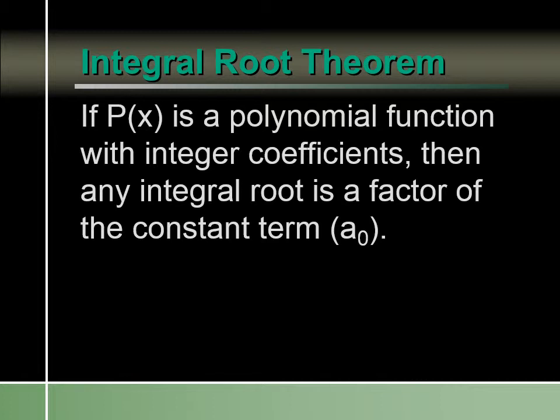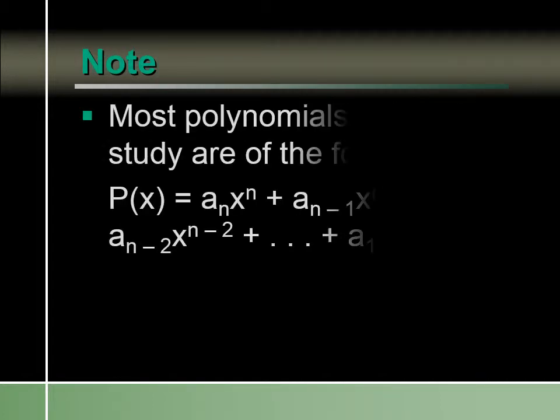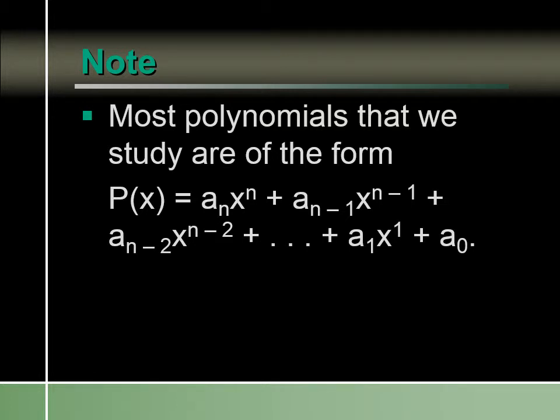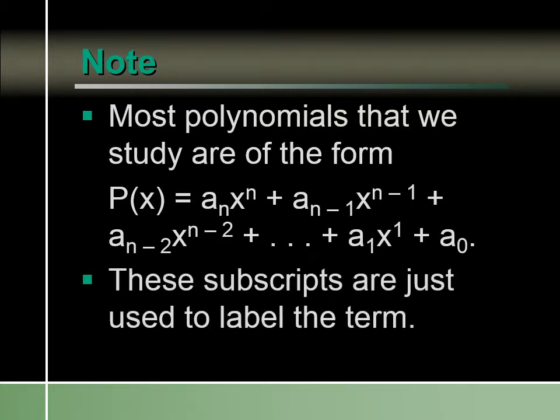So we're saying that your roots have to be factors of the constant term. Here's a note. Most polynomials look like this. Don't be afraid. The subscripts that they're using are just used to label the term.